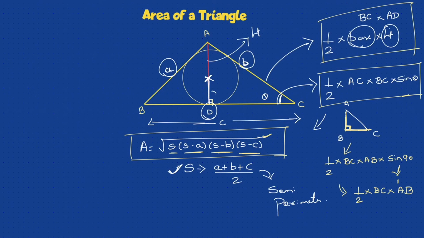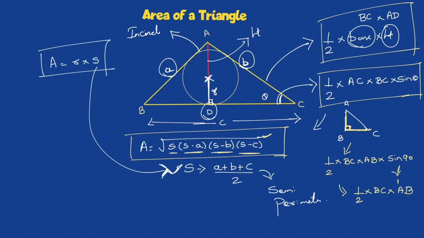Now let's say incircle. What is an incircle? A circle inside the triangle, touching the three sides. If the incircle is given, how will you find the area? Area of a triangle is r into S, where S is again the semi-perimeter. So if you know the three sides and the inradius of a triangle, you can find the area of a triangle.